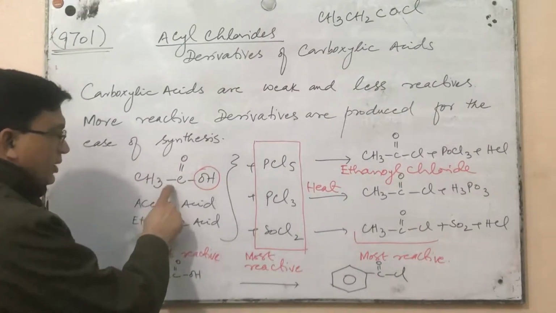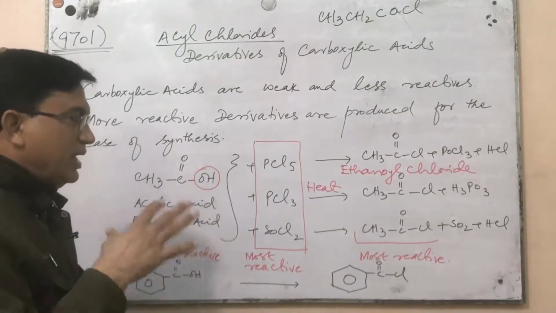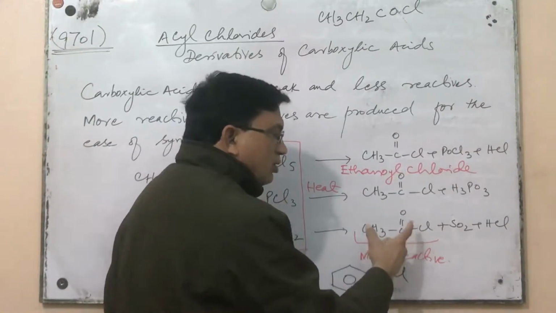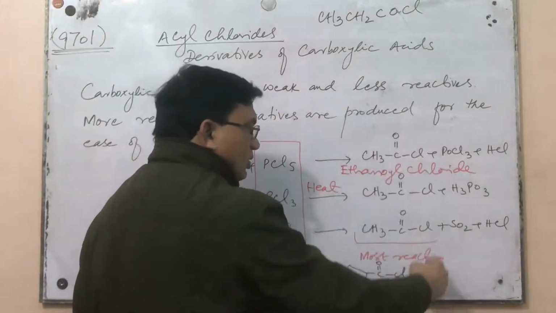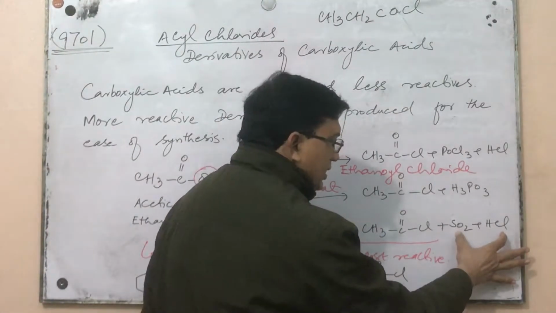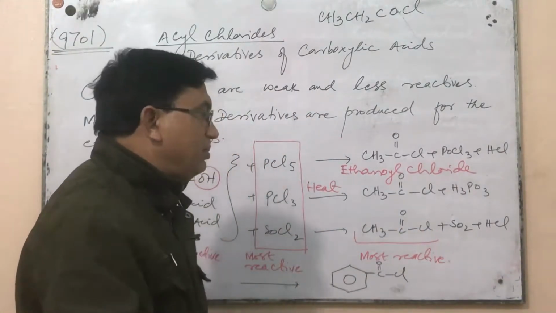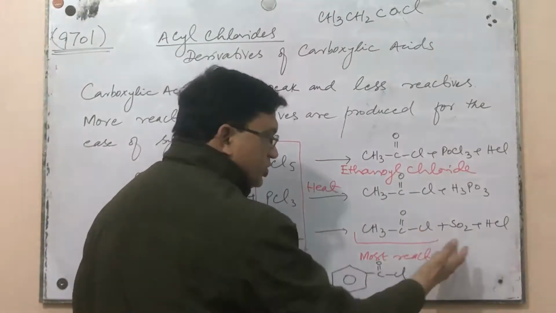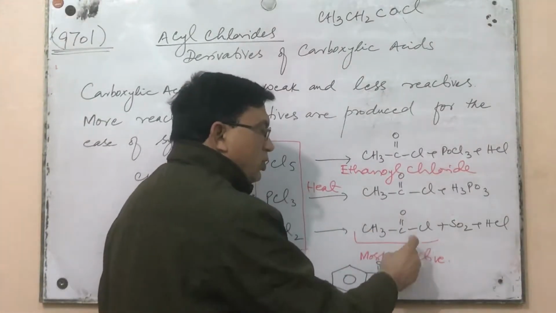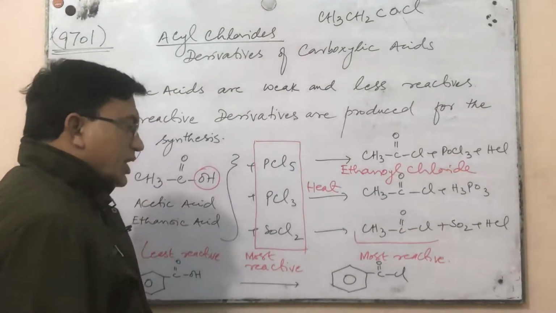And the reaction of ethanoic acid with sulfur dichloride oxide is termed the best method because here ethanoyl chloride, all acyl chlorides, are present in liquid form, and the byproducts formed in this reaction are both gases. These gases can easily be eliminated from the reaction mixture, so as a result we can get pure ethanoyl chloride, pure product without any further separation technique.